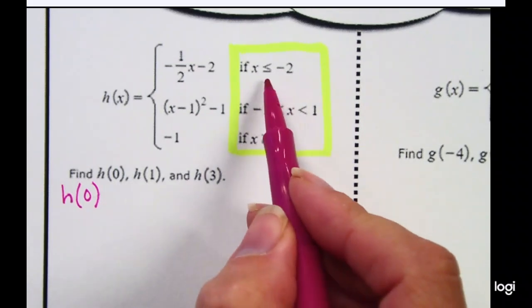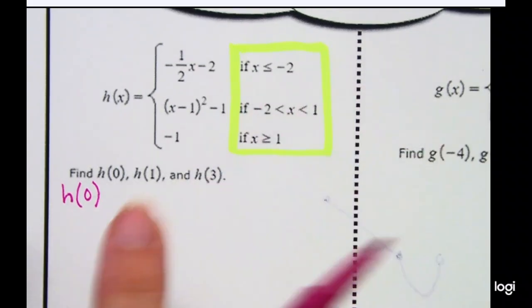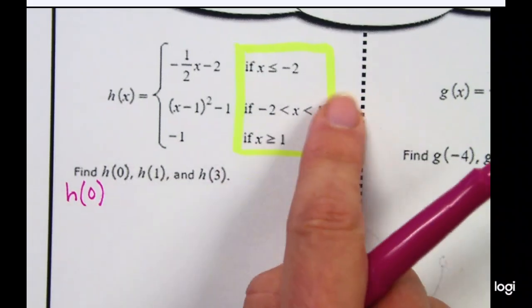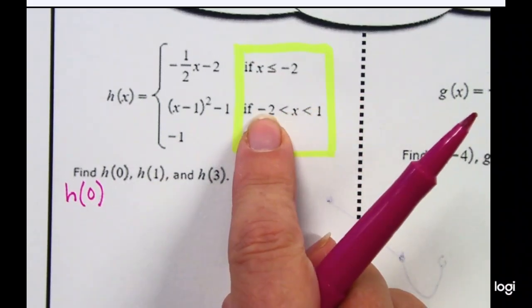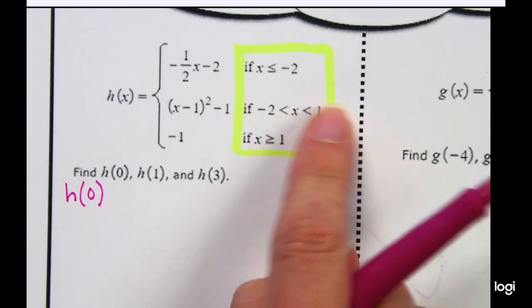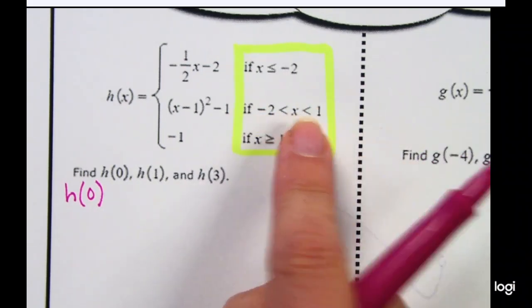So this is all the numbers smaller than -2. 0 is not smaller than -2. It's the middle one. 0 is in between -2 and 1. Does everybody agree with that? 0 fits in there on the number line.